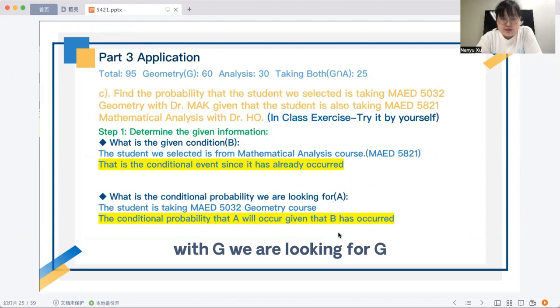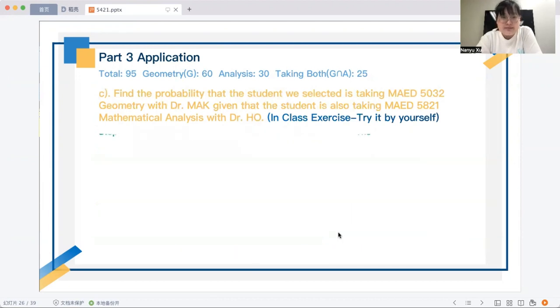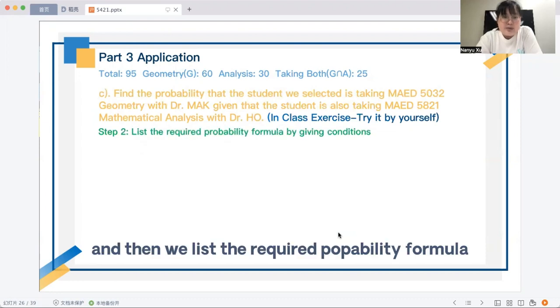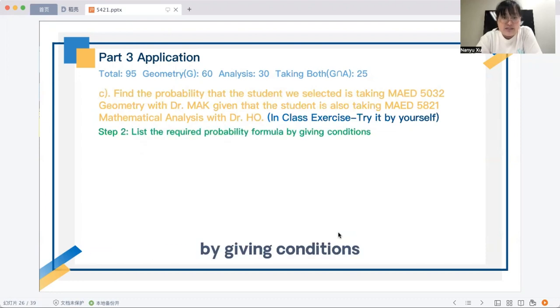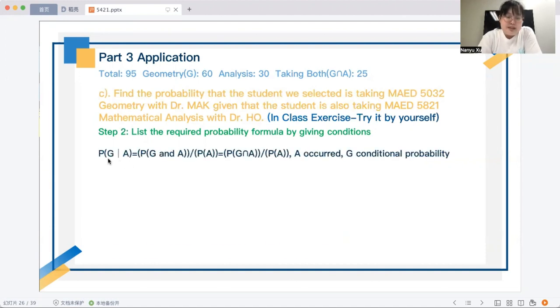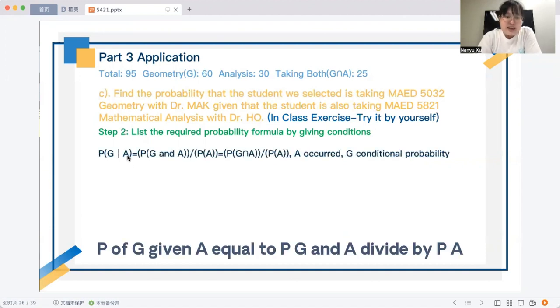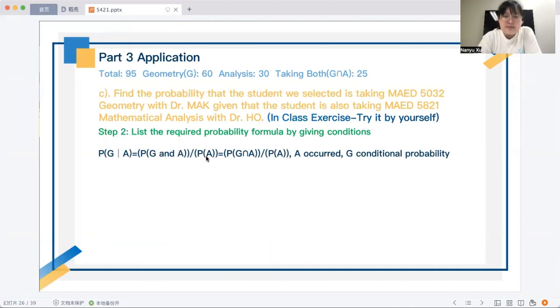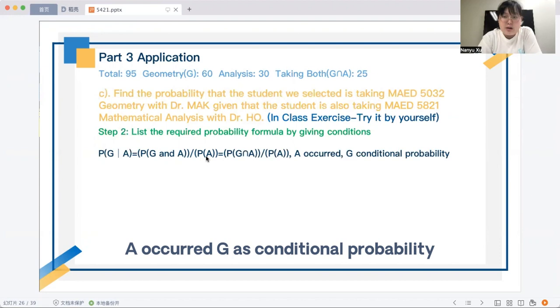With G, we are looking for G given A. And then we list the required probability formula by given conditions. P of G given A is equal to P of G and A divided by P of A. A occurred, G is the conditional probability.